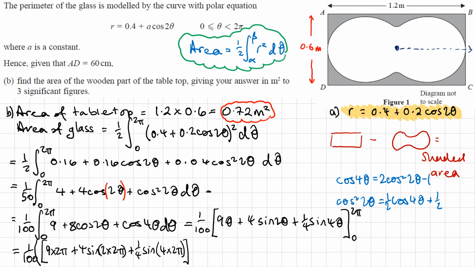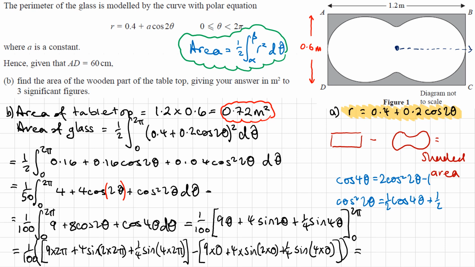I'm going to subtract 9 times by 0 plus 4 times by basically sine 0, isn't it? 2 times by 0 plus a quarter sine 4 times by 0. And I think there was another bracket here right at the end.